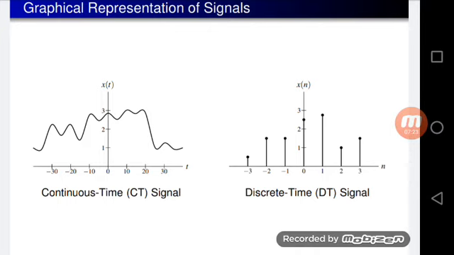The main working principle is that a continuous time signal is converted into the form of a discrete time signal with respect to frequency and amplitude. That's why the continuous time signal is split into a discrete time signal. We also use quantization as the second step.